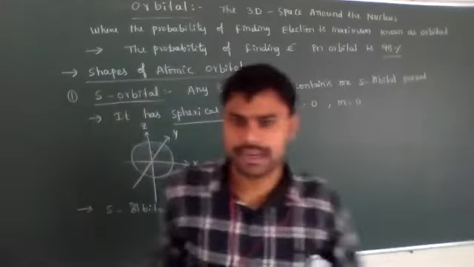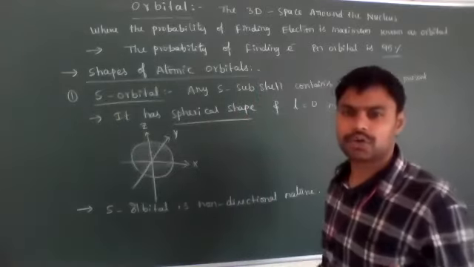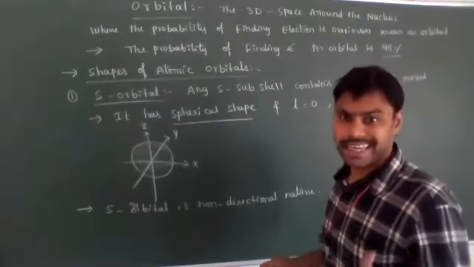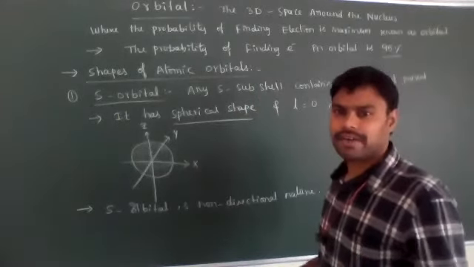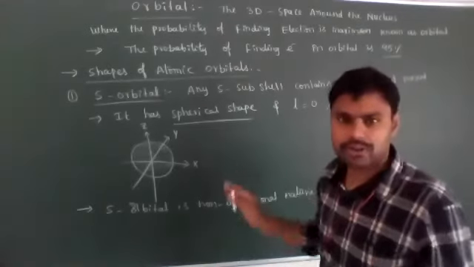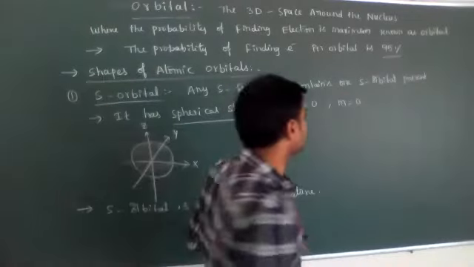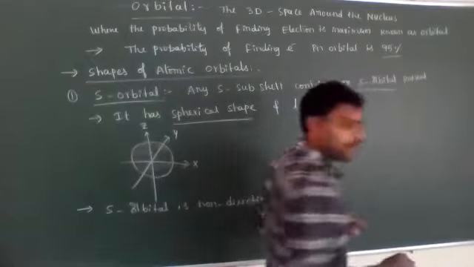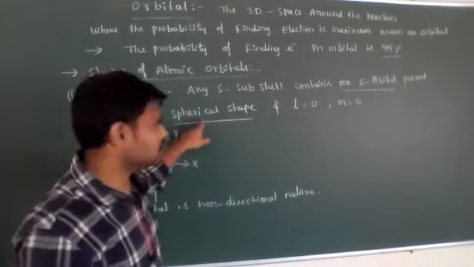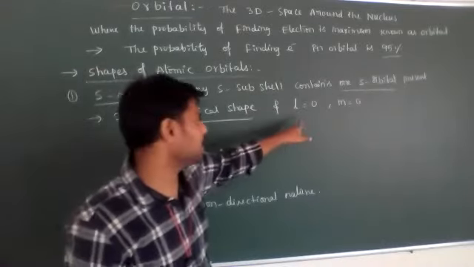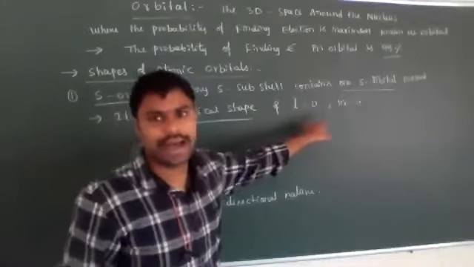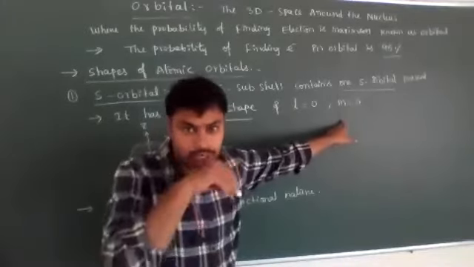So any s subshell like 1s, 2s, 3s, 4s, 5s contains only one orbital, that is one s orbital. This one s orbital has spherical shape, and for s orbitals the l value is 0 and the m value is 0.